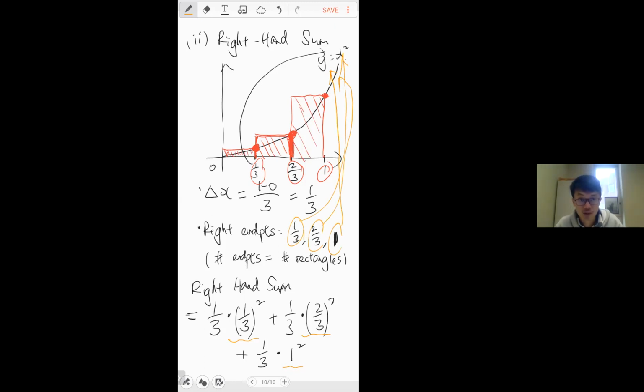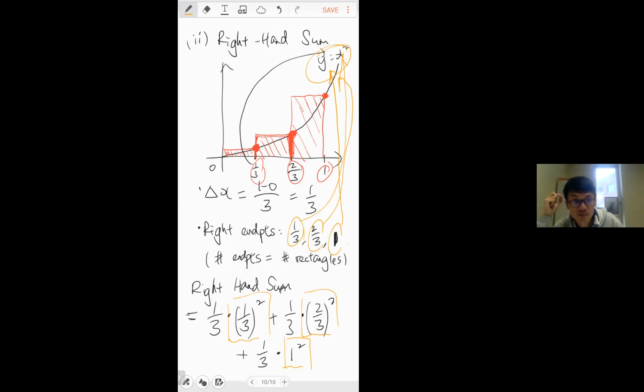So once you find what the right endpoints are, you can right away plug them into your function to get the height. So these are the heights. And because the width is always the same, in this case it's always 1/3, you just multiply those heights by 1/3.